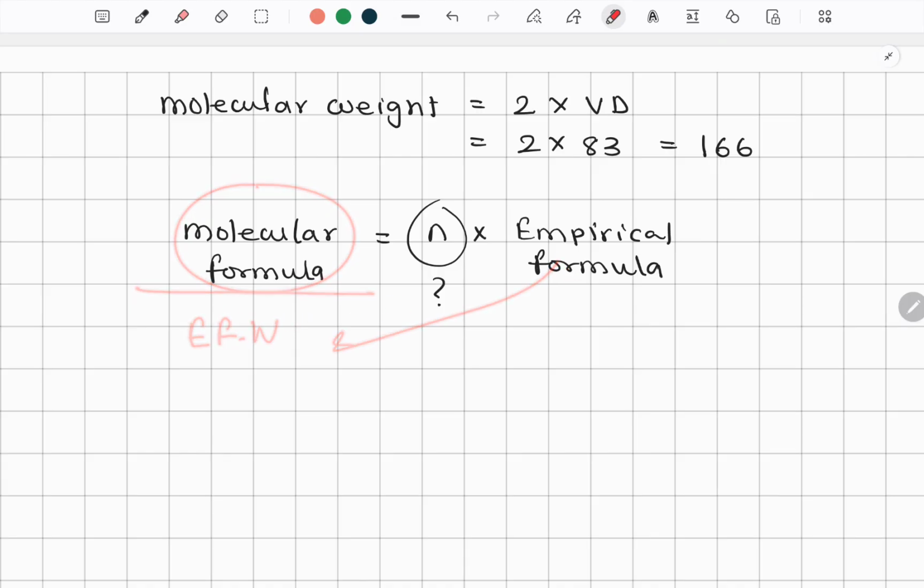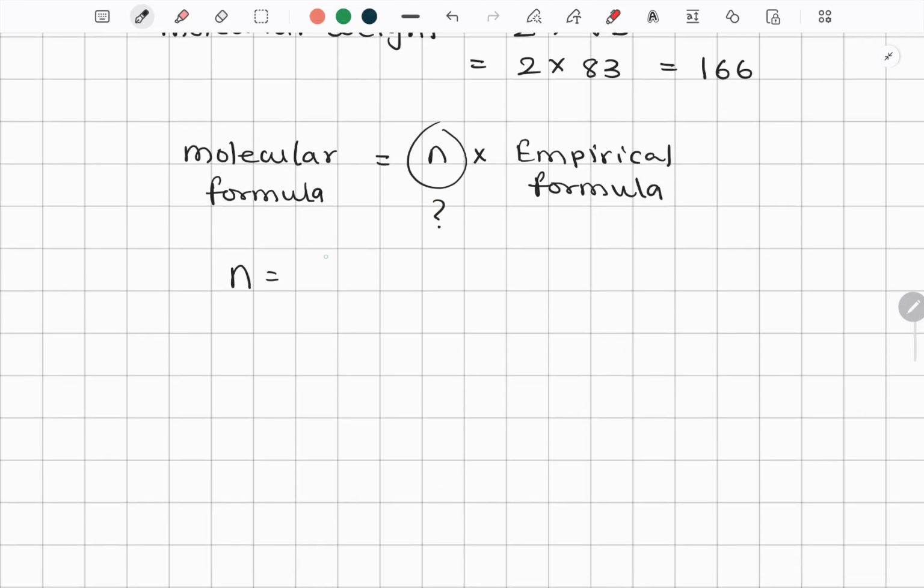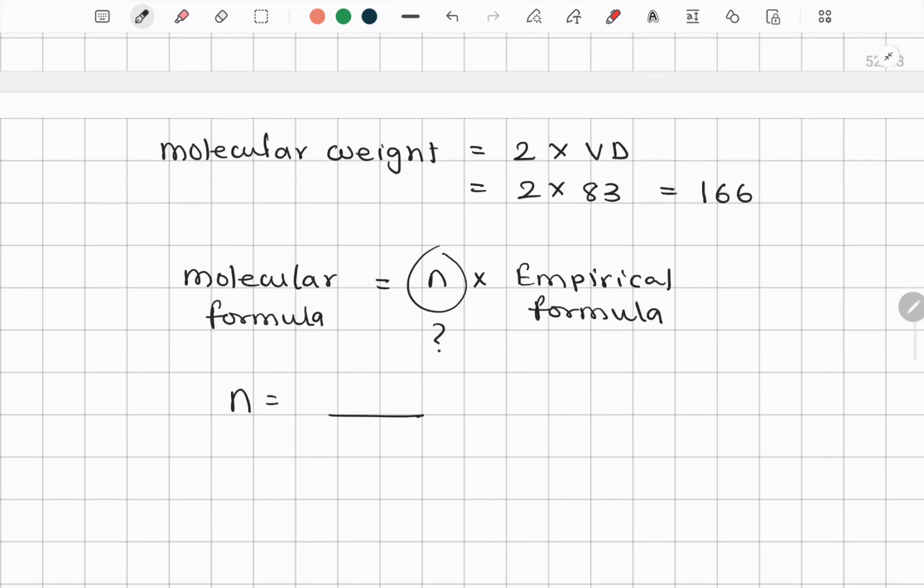This will go over here, and then you get the value of n. So n is equal to molecular weight divided by empirical formula weight. Correct? Yes.